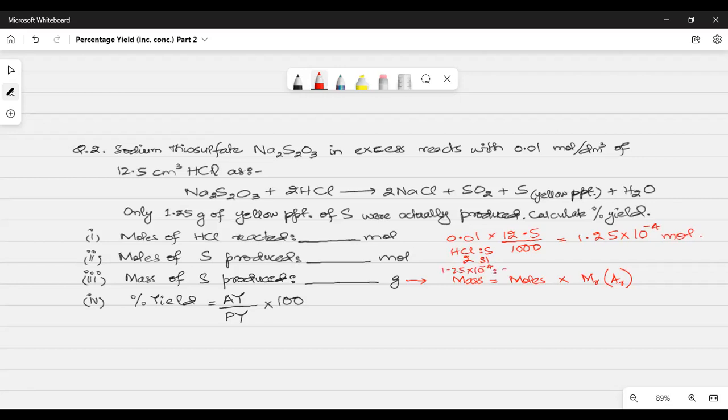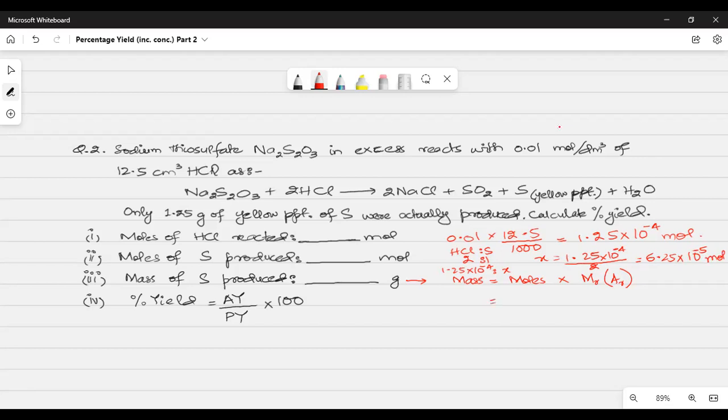Very messy work, but X is 1.25 into 10 raised to power -4 divided by 2, which is 6.25 multiplied by 10 to the power of -5, and again, that would be moles.